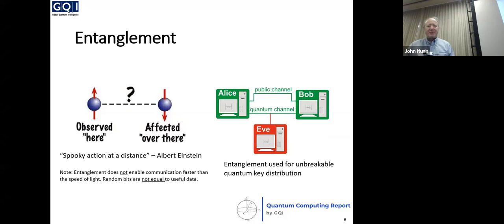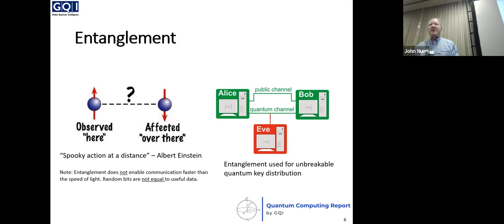The second one is very strange. It's called entanglement. Albert Einstein called it spooky action at a distance. You can create two particles like two photons, and they can be separated by millions of miles, but they're entangled so that if one changes state, the other will change its state at exactly the same time.